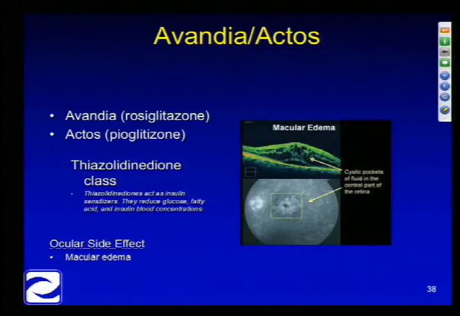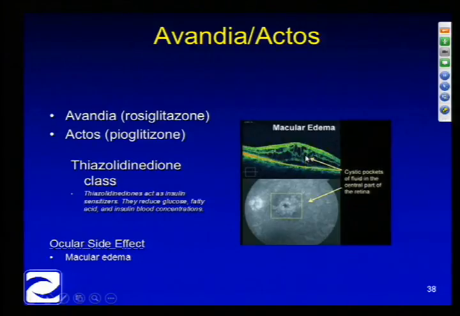This is an OCT of a patient with very significant macular edema. And you can see these little cystic-like spaces in their retina, right in the center of the fovea, really bulging the fovea up. So it causes a marked decrease in vision. So again, this optical coherence tomography is really helpful to us in diagnosing and sorting these problems out.